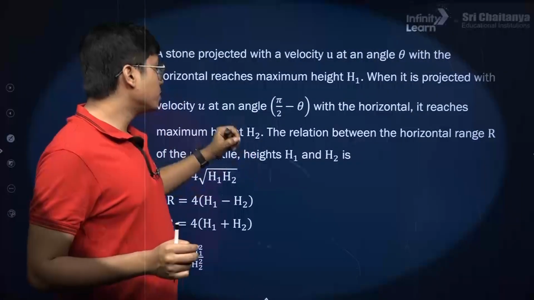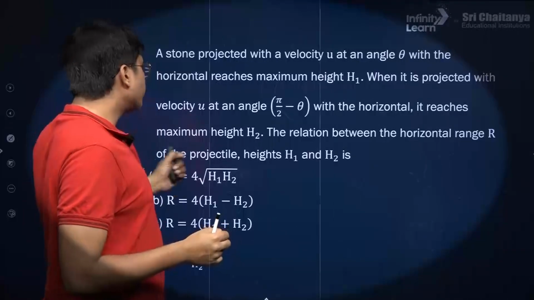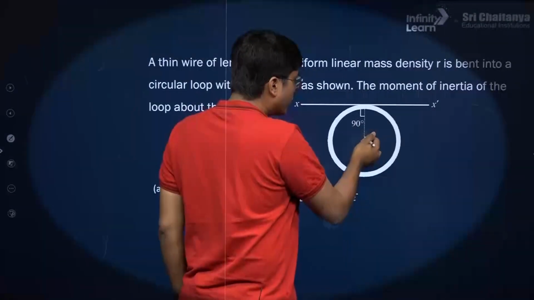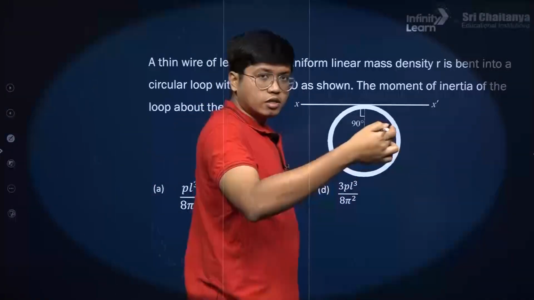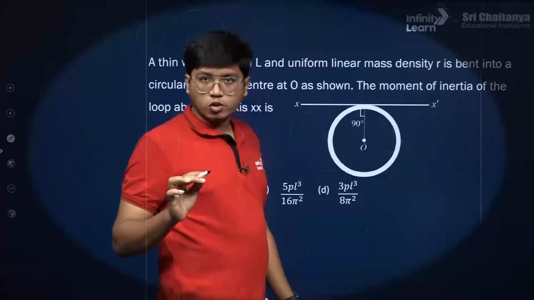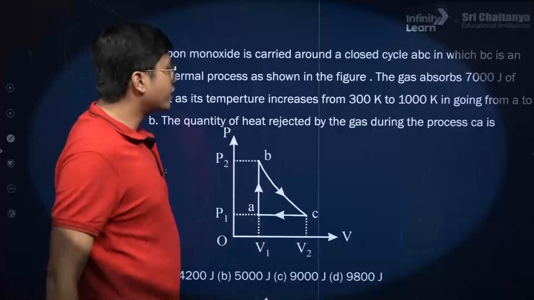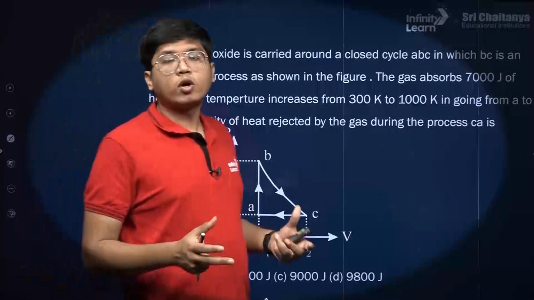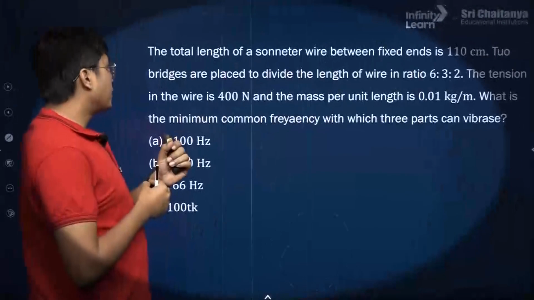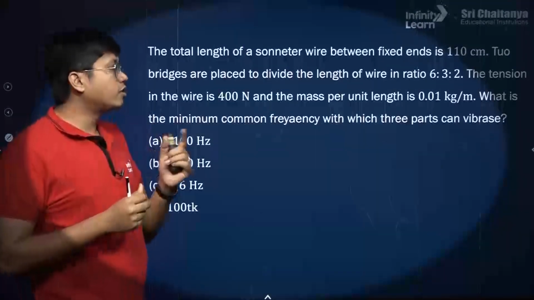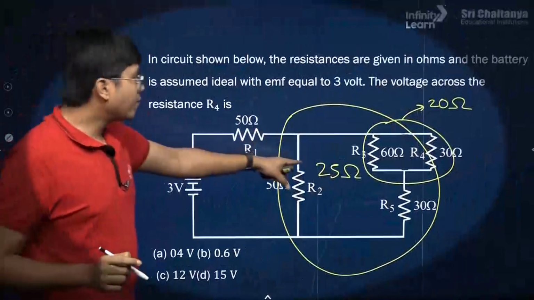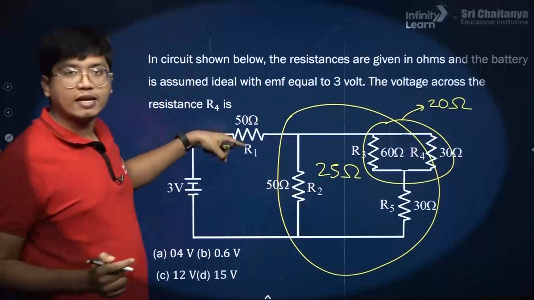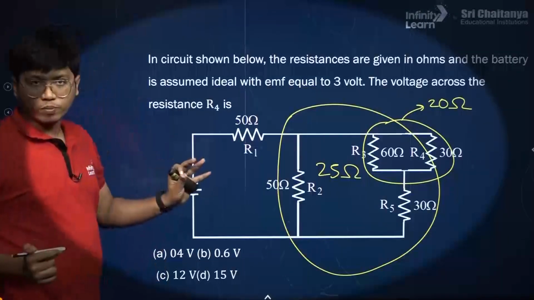The relation between the horizontal range r of the projectile and the heights h1 and h2 are. We know the moment of inertia about a perpendicular axis through the center of the loop. The quantity of heat rejected by the gas during the process CA. So in the isobaric process, I want what is the energy loss. What is minimum common frequency with which three parts can vibrate. 25 ohm in series with this, which means the equivalent resistance of this entire part is 75 ohm.